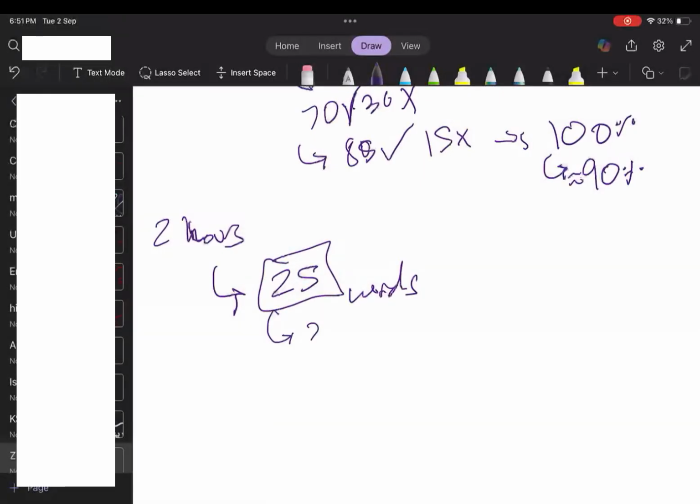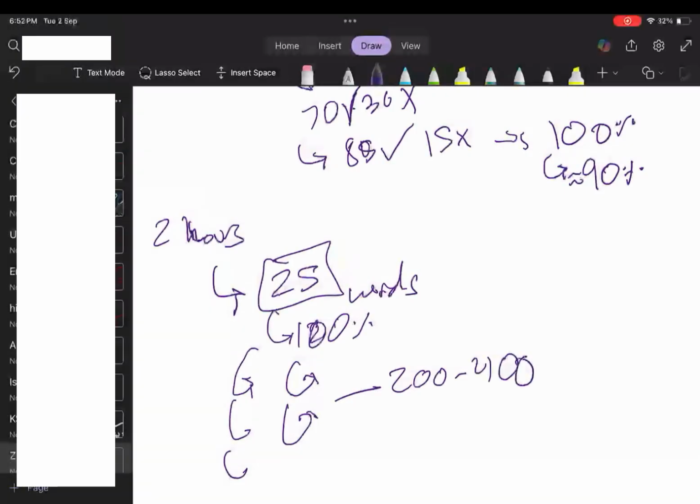It's gonna take like 30 minutes a day to quiz yourself on them, and most people will probably be able to reach 100% on all the words. Just keep doing the sets, keep studying them until you have gotten a full range exercise of all the 200 to 400 words.